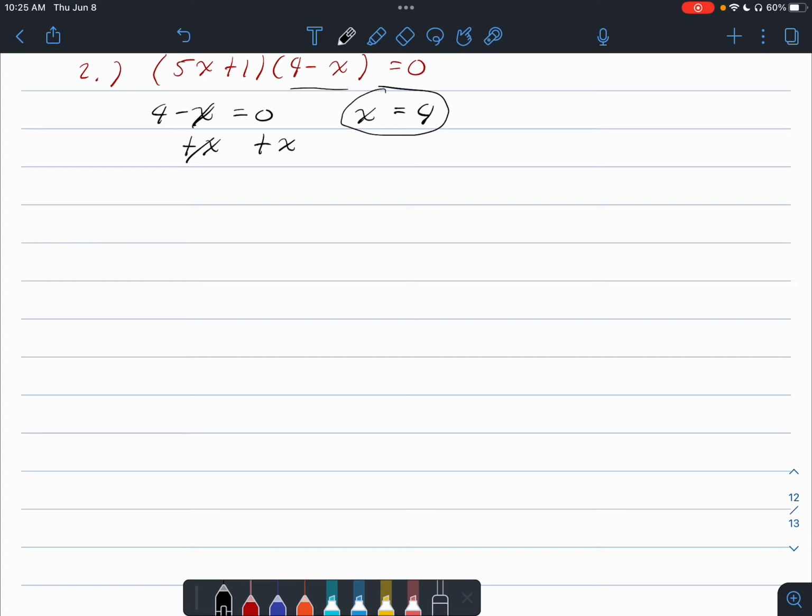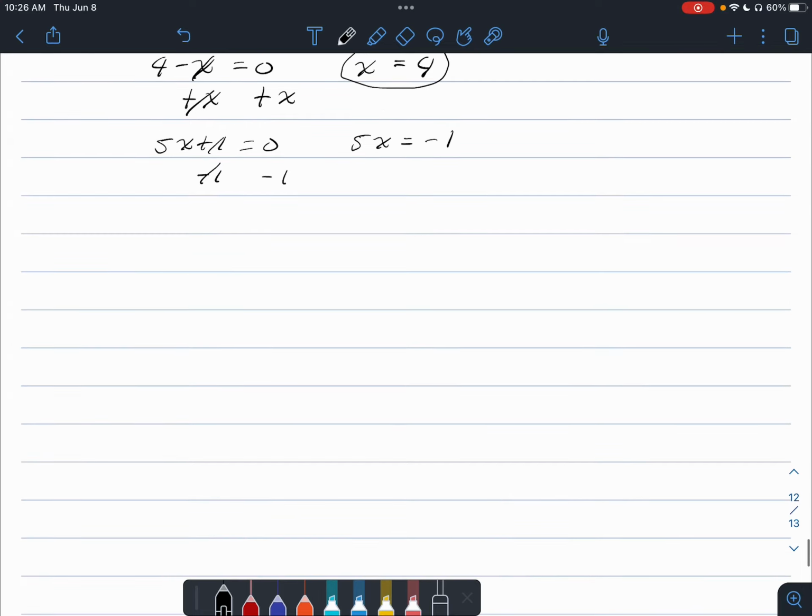Okay, let's check this one now. We'll set 5x plus 1 equal to 0. So we can take 1 from both sides, and that'll give us 5x is equal to negative 1. Now we can divide by 5 on both sides, and we'll get x is equal to negative 1/5.